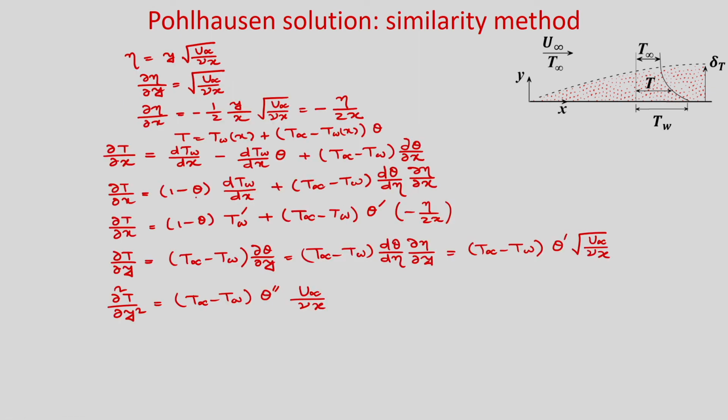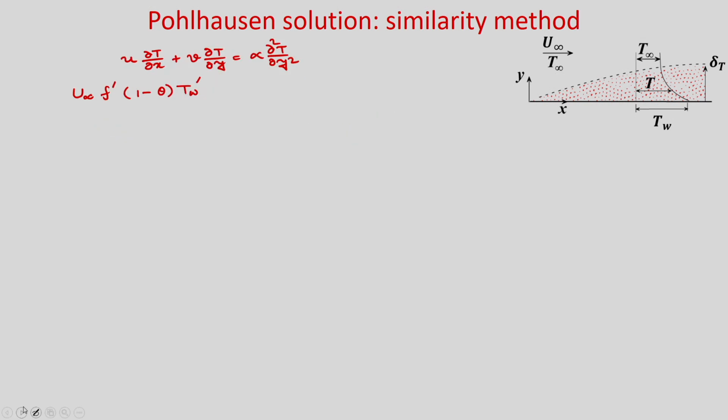So, you can see this term we have written and this term you can write now. So, it will be minus u infinity f prime (T infinity minus T w) theta prime eta by 2x. Okay. Now, we have v into del T by del y.